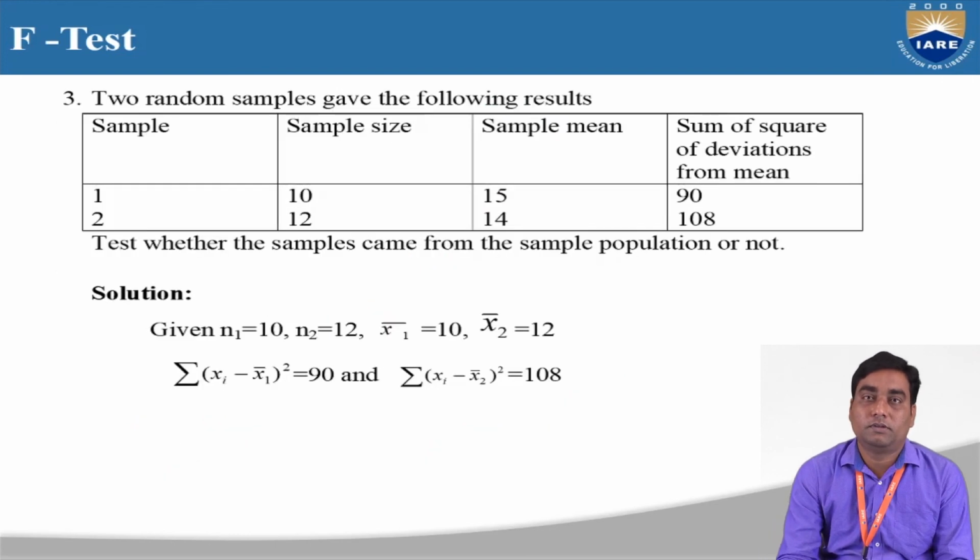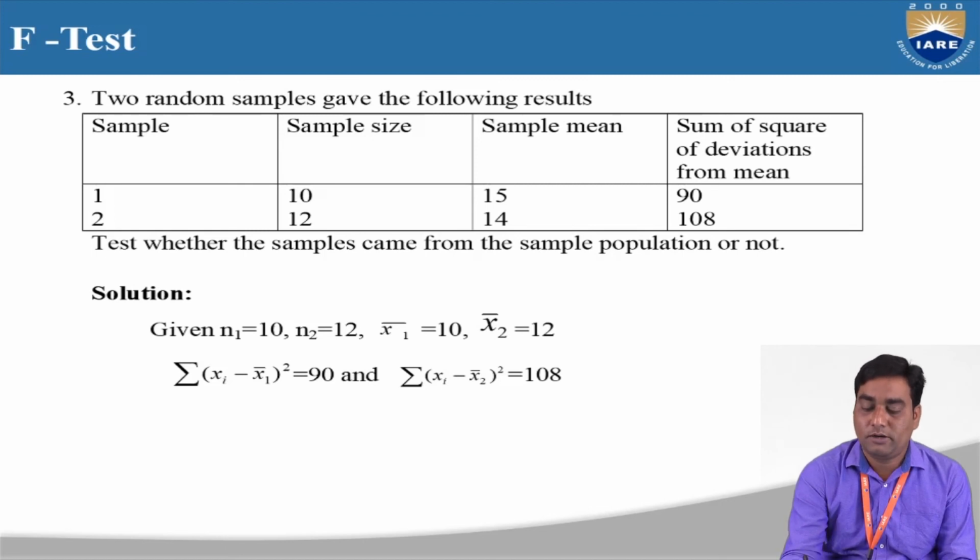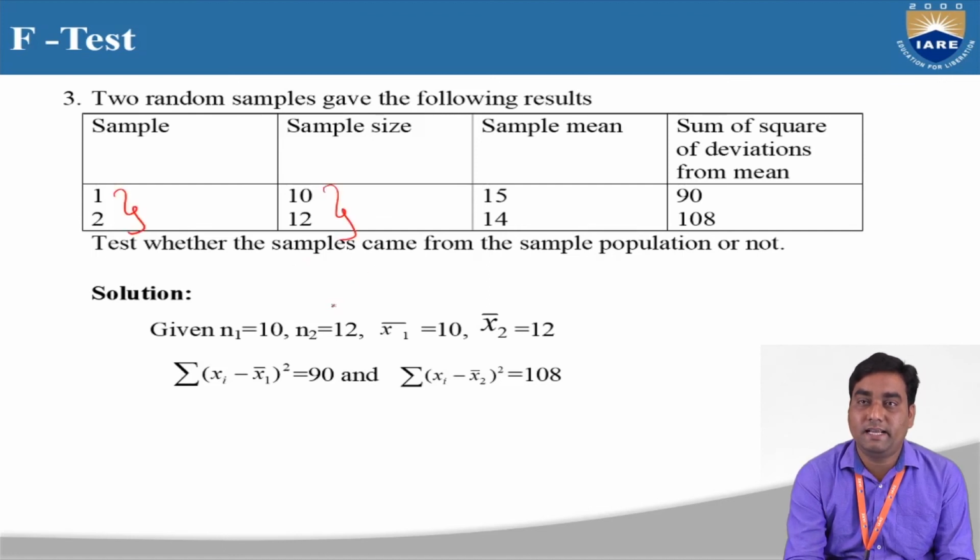Now the third problem in F-test, in a different way. Two random samples gave the following results. Two samples are given. Their sizes: first sample size 10, second sample size 12. First sample mean x1 bar is 10, second sample mean x2 bar is 12.